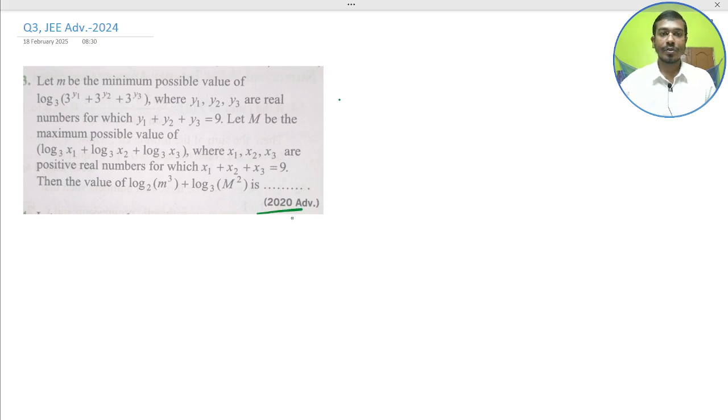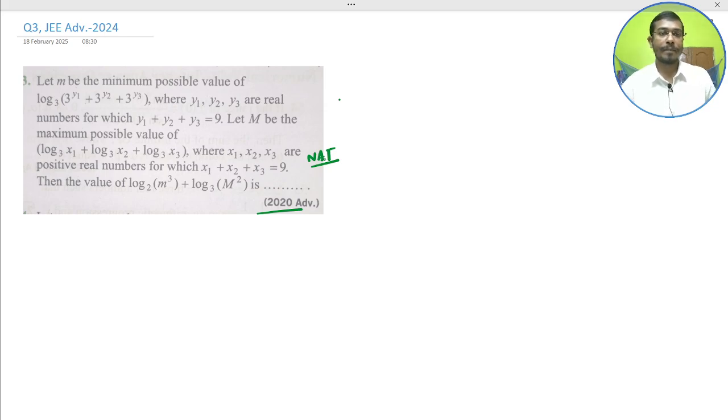Third question, very important. JEE Advanced 2020, a recent type of question. This is a question of NAT, numerical answer type. Let m be the minimum possible value of log base 3 of (3 to the power y1 plus 3 to the power y2 plus 3 to the power y3), where y1, y2, y3 are real, for which y1 plus y2 plus y3 is 9.